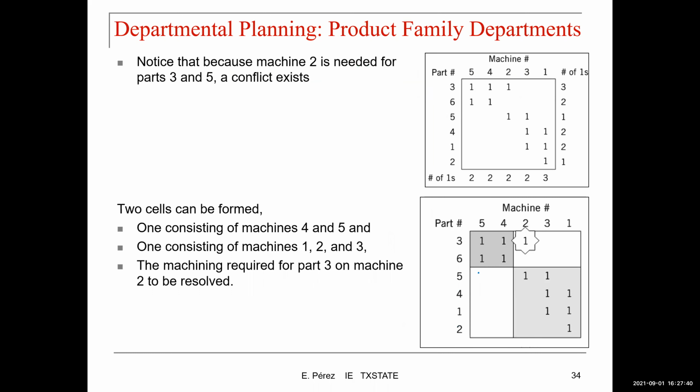Notice that because machine 2 is needed for parts 3 and 5, a conflict exists. 2 cells can be formed, one consisting of machines 4 and 5, and one consisting of machines 1, 2, and 3.